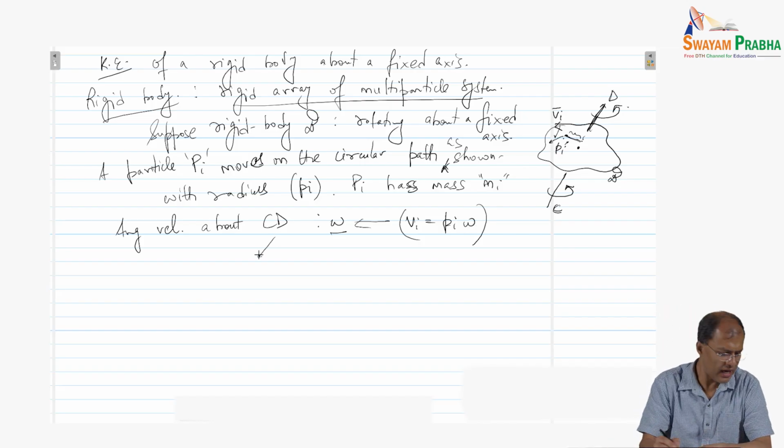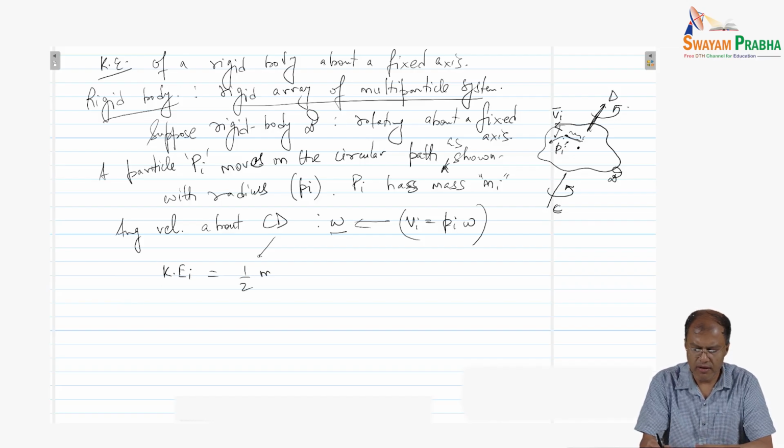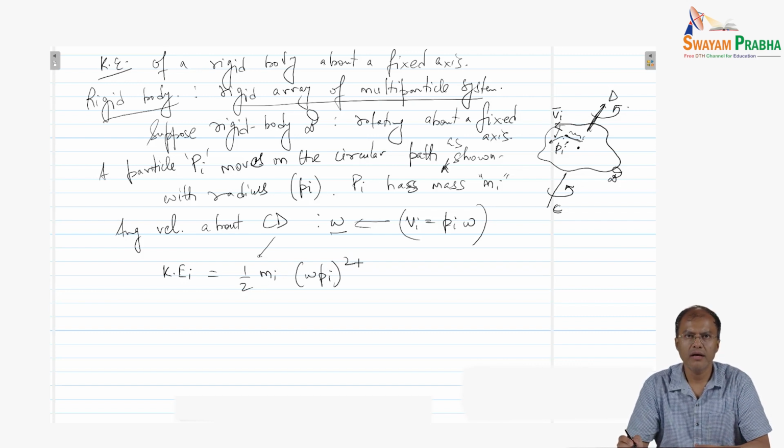So now from here I can write down the kinetic energy of the particle. My kinetic energy, let's say Ki, is going to be half Mi times omega ρi square.